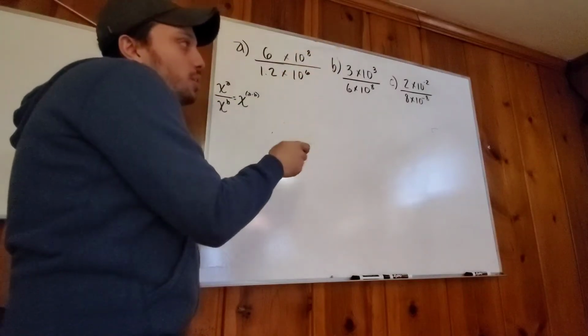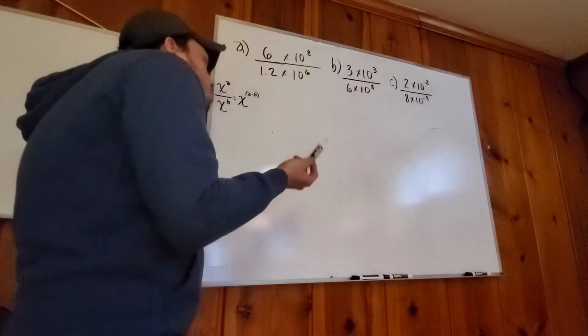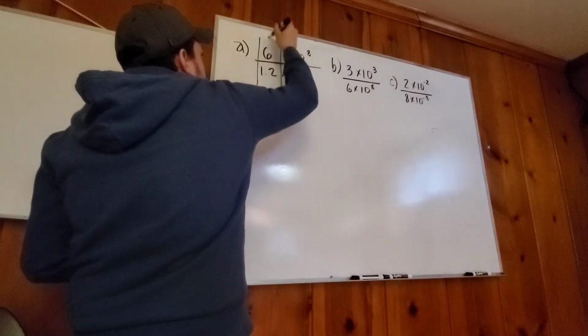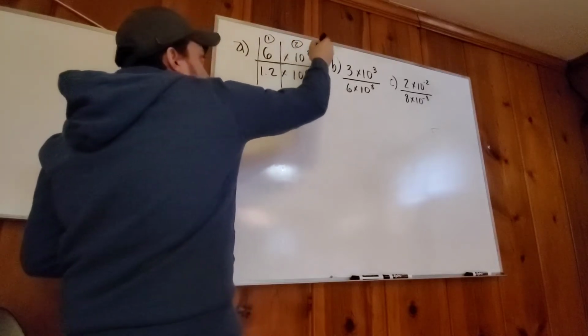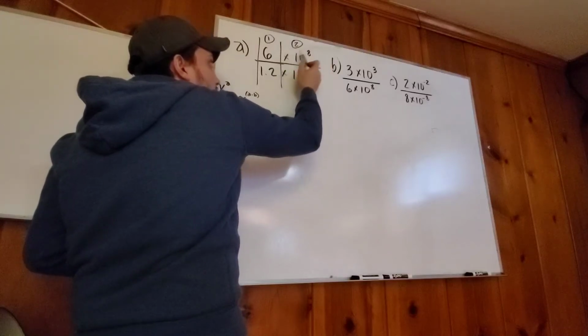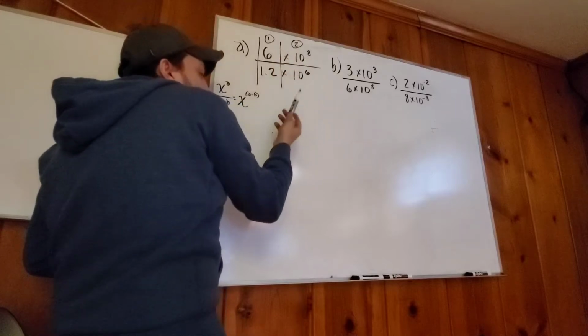And I'm not just saying this on the board, but always for division of scientific notation. Then we're just going to do it in 2 parts. I always tell you, please divide it into the first part being the numbers, and the second part being the powers of 10 with the exponents. The first part is 6 divided by 1.2.